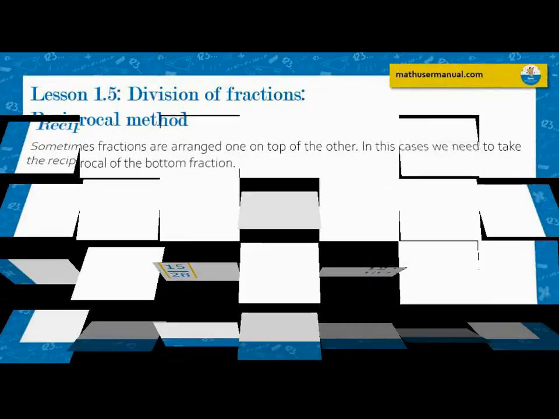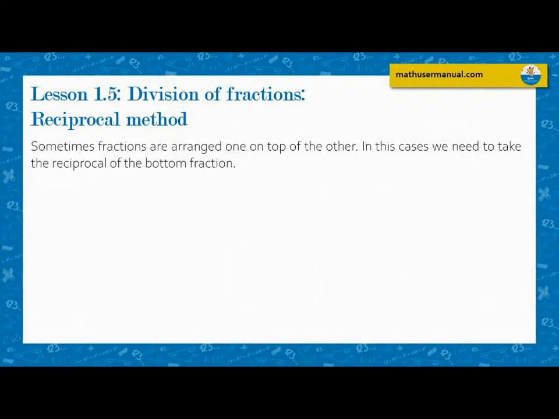But one more time, math is not always straightforward. Sometimes our fractions are not arranged like that. Sometimes our divisions of fractions are arranged like this, because remember, divisions can always, every single time, be rewritten as fractions. What do we do in this situation? It's actually the same thing.